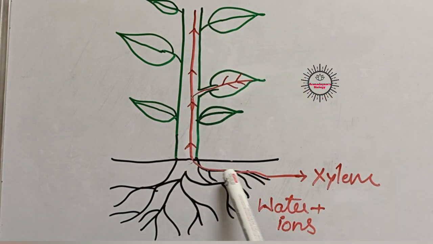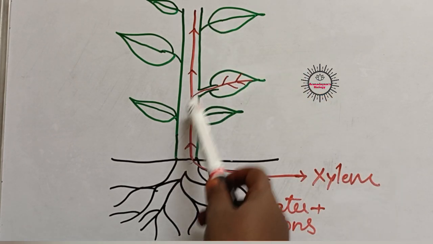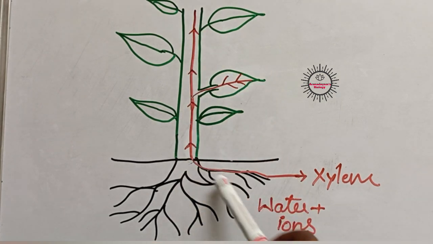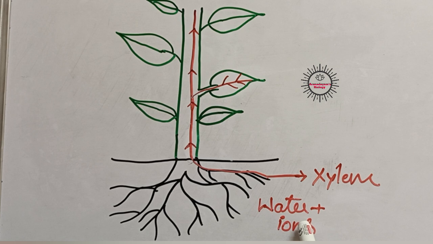The vessels and tracheids which are present in these plant bodies are all interconnected with each other. The vessels present in the roots, stem and leaves are all interconnected and are forming a channel like or tube like structure here. The tube is nothing but a xylem vessel. Okay, so what happens here is water along with these ions are having some concentration, no? So here the concentration present in the roots is high when compared to the concentration outside. So the water along with these ions moves into the root cells.